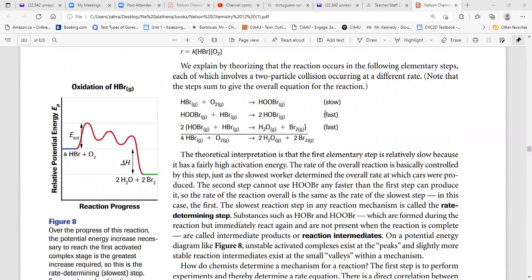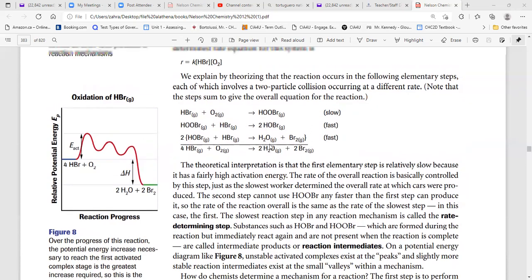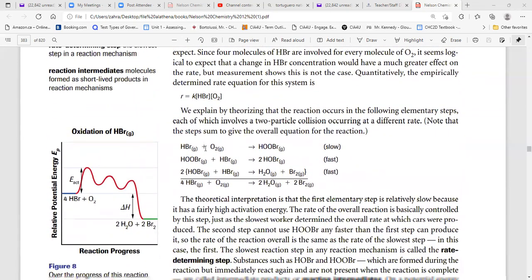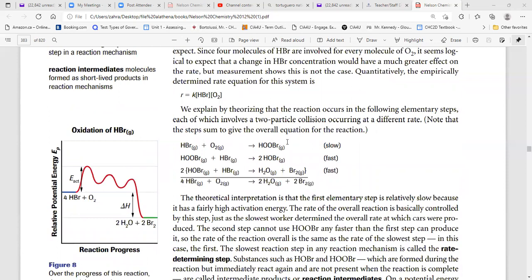This means the rate determining step is the slow one, because the fast ones are not going to affect the rate of reaction. Just the slow one tells you how long the reaction takes. So it's the rate determining step. When you add everything, these 3 steps, you of course get the target reaction. Also pay attention to the slow step, since it is rate determining.